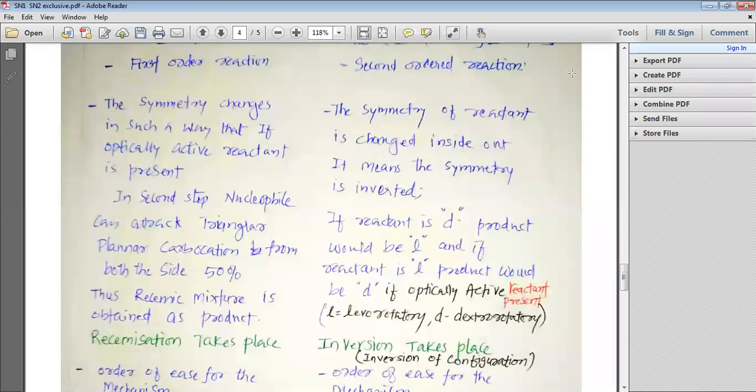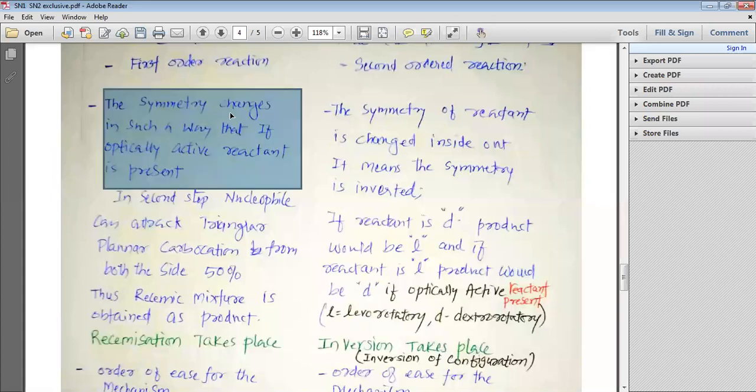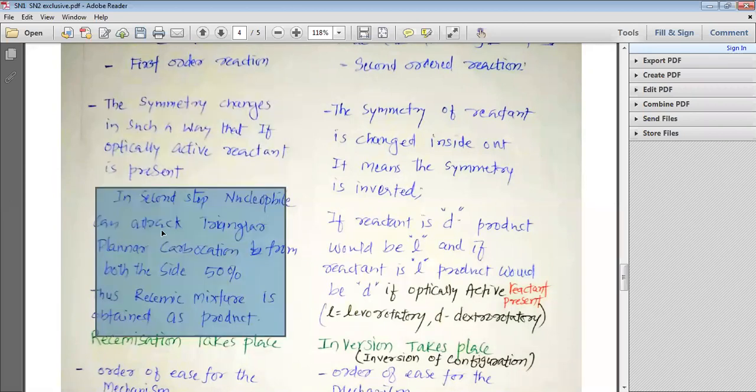Now let us look at the symmetry of the reactant. For the SN1 reaction, if an optically active reactant is present, my dear students, then in the second step the nucleophile can attack the triangular planar carbocation from both sides, 50-50%.